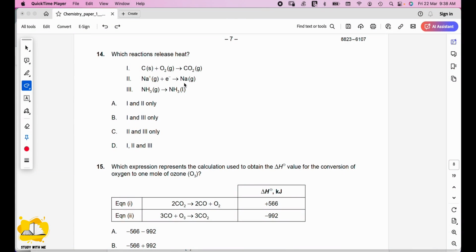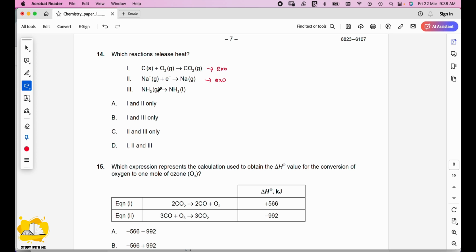Okay, for question number 14, which reactions release heat? So which reactions are exothermic? The first reaction is a combination reaction. This is for sure exothermic. And adding an electron is also exothermic.